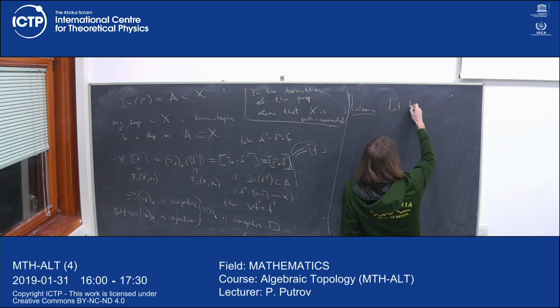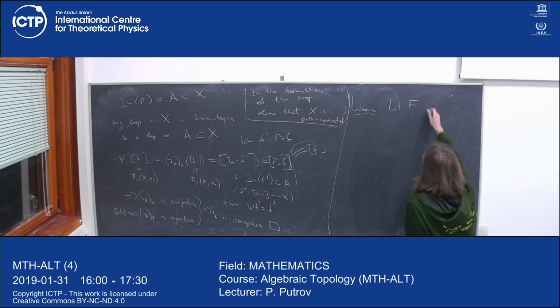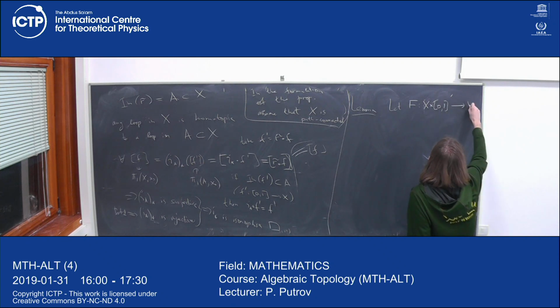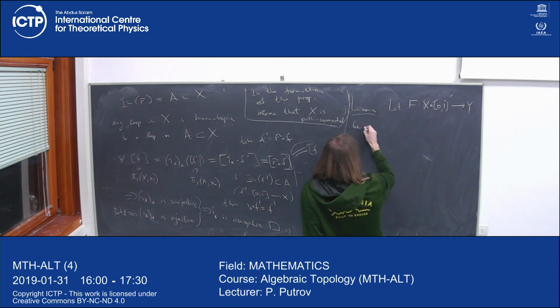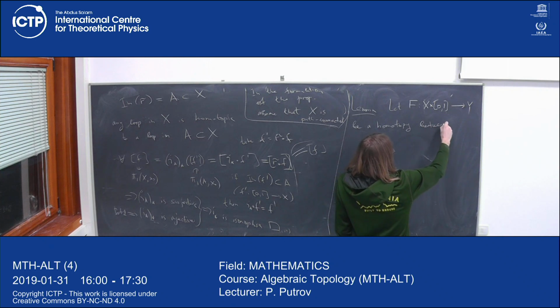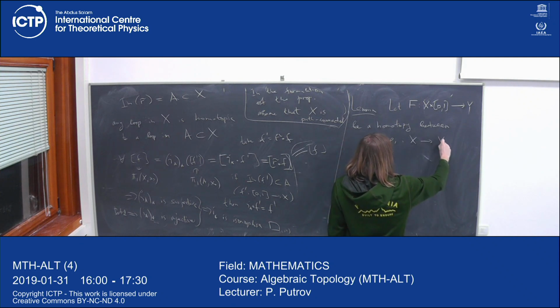Let F be a homotopy between two maps, which I denote phi 0 and phi 1, from X to Y.